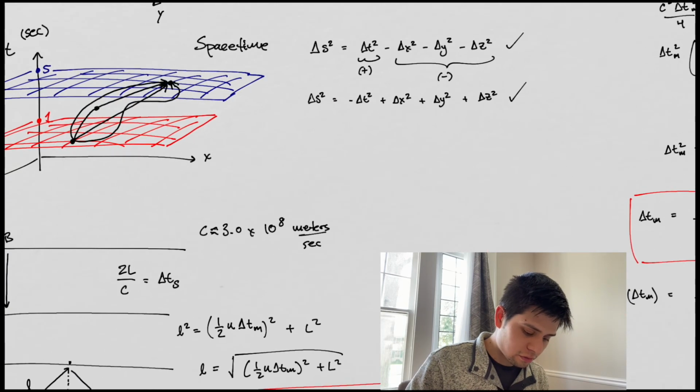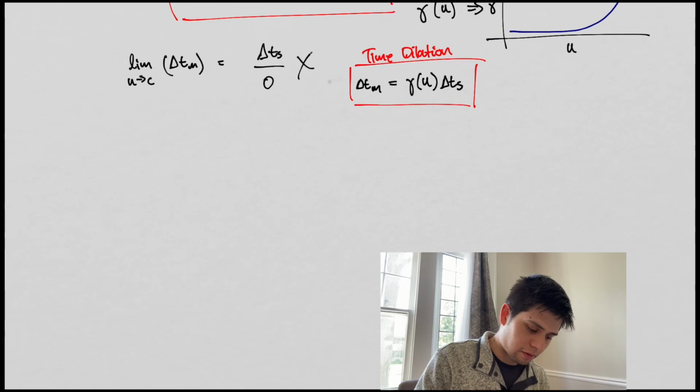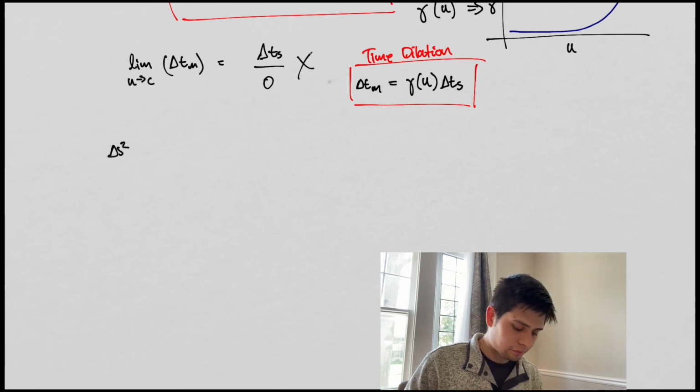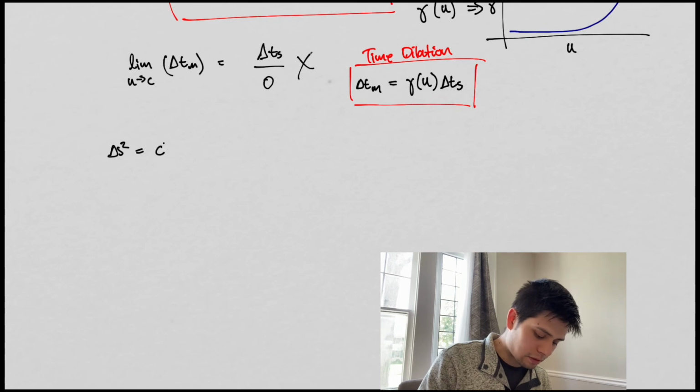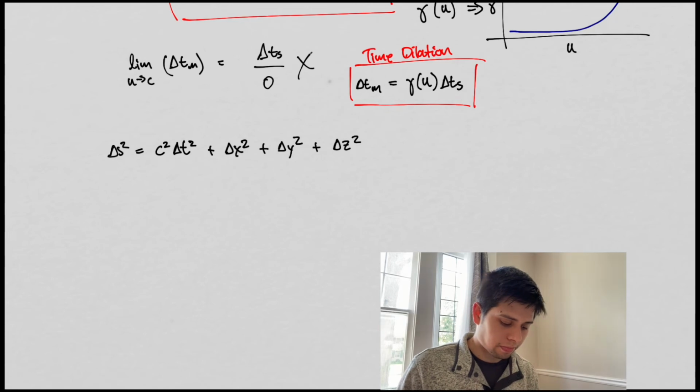But first, before we do this, we need to correct the units a little bit. So delta S squared, we're going to have to multiply this by c squared delta t squared, and then we have plus delta x squared plus delta y squared plus delta z squared.